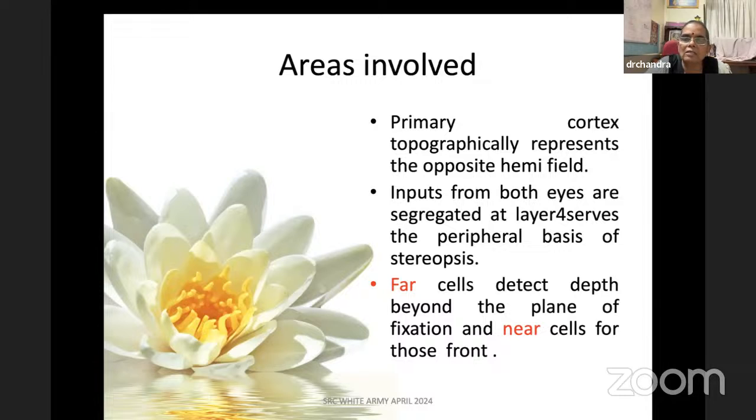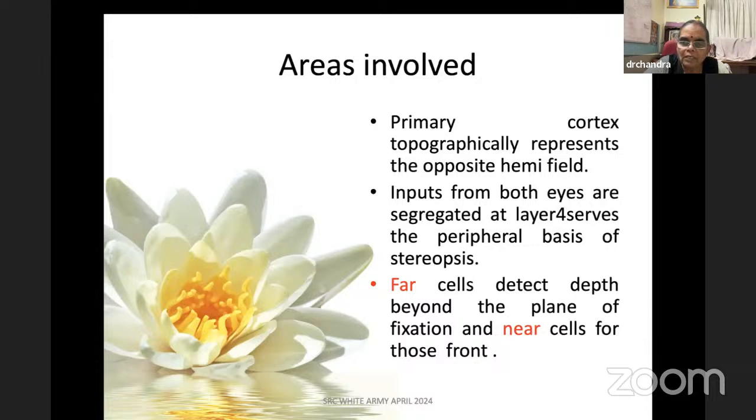Input from both eyes are segregated at layer 4, which is the tripartite layer, and serves the peripheral basis of stereopsis, that is depth perception. Layer 4 in the occipital cortex is one of the stereoscopic layers, that is, the depth at what distance is the vehicle in front of my car running. If you judge it as shorter or if you judge it as farther, that will result in serious accidents.